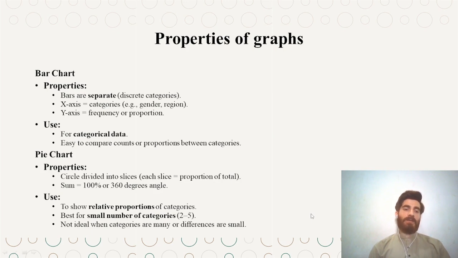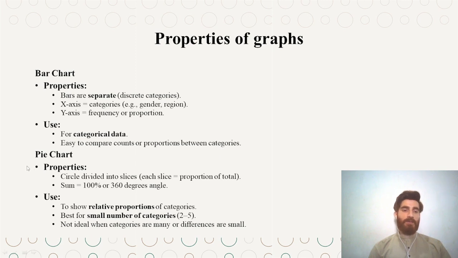Bar charts are like histograms, but the bars are separate in these. On the x-axis there are categories, not intervals, and on the y-axis there is frequency or proportion. It is used for categorical data, not continuous data, and it is easy to compare count or proportion between categories.